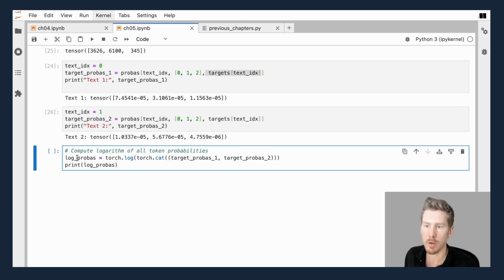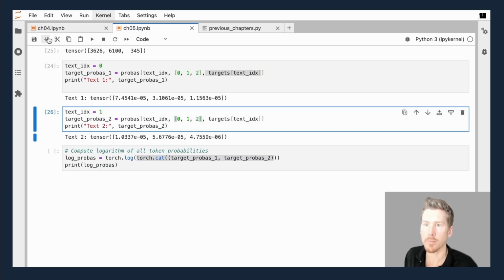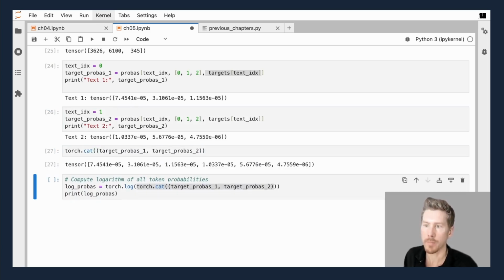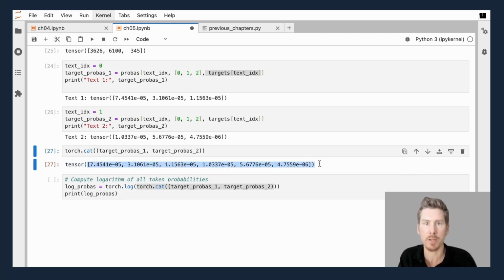So we are computing the log probabilities. We are first concatenating those two, because here they are separate, but we want to have them all in one, because then it's easier to apply the same computation. We don't have to apply it separately to two different tensors.